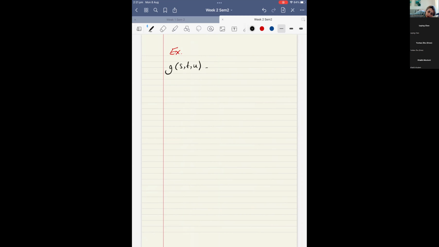Okay. And now, another example. g of s, t, u, three variables, equal to st² plus tu. Can you give me what is gs? It is round of the s of st² plus tu. You know, when you are taking the derivative with respect to one variable, you keep that one as a variable and the other variables are constants.